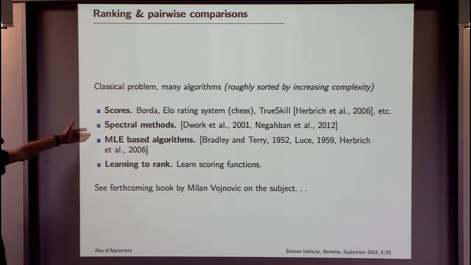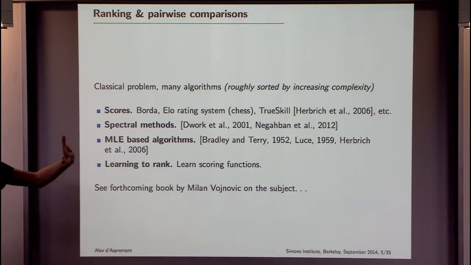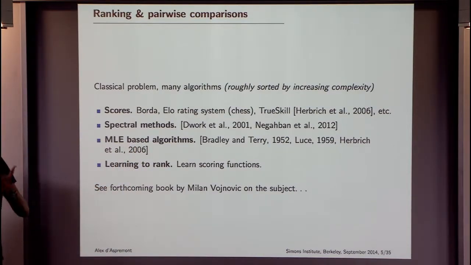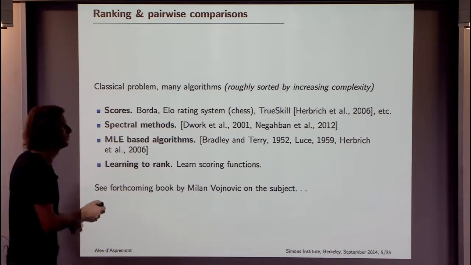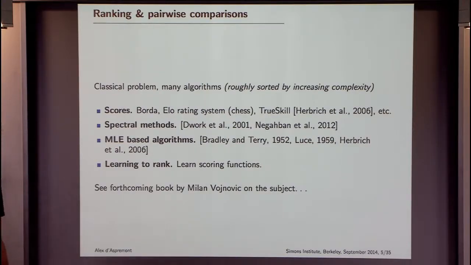There is classic work in statistics on maximum likelihood based estimation, where you put a probabilistic model behind your observations on preferences, and then you try to infer your ranking information by maximizing likelihood. Okay, classic references include Bradley, Terry, Luce, in the 50s, but of course, many more people in this vein as well.